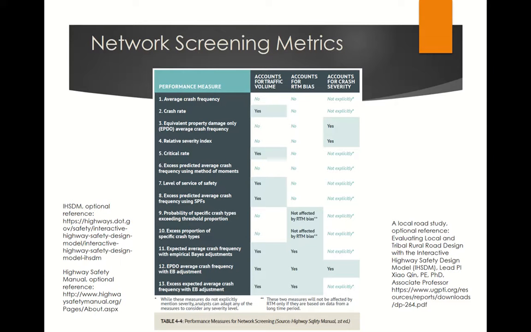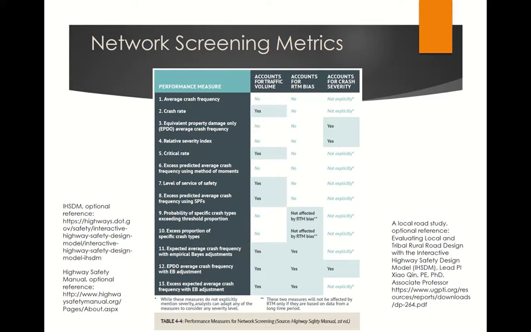Looking at that safety performance function, if it's greater than 1, it needs a review. 9, the probability, and 10 are not affected by the regression to the mean unless you use a short time crash history.